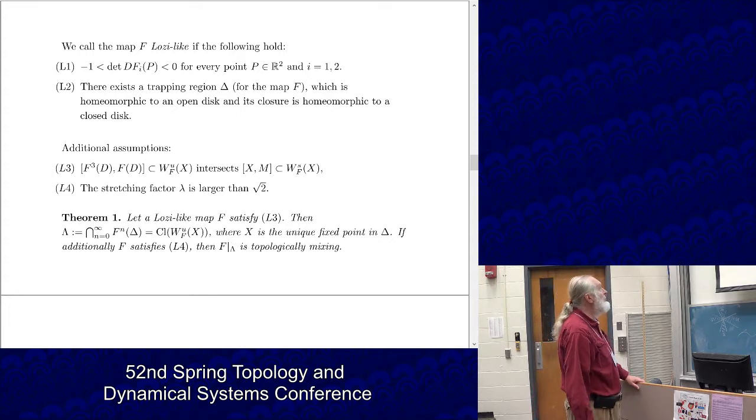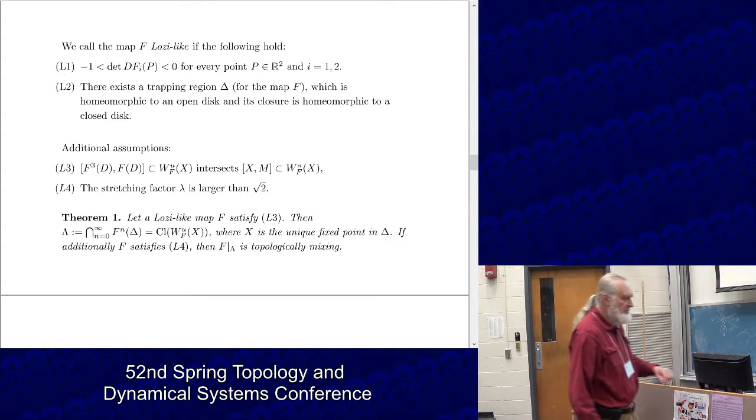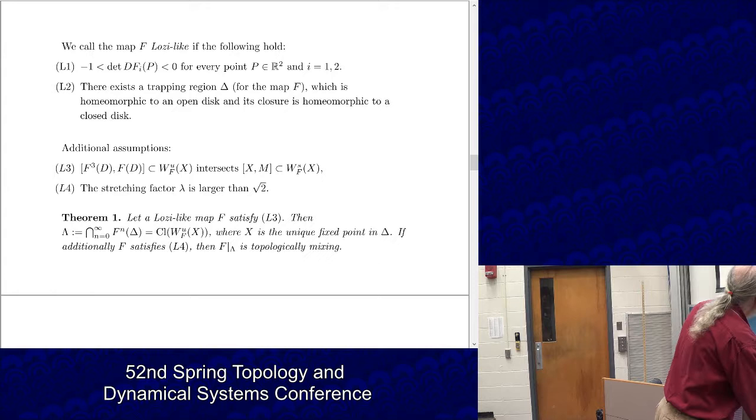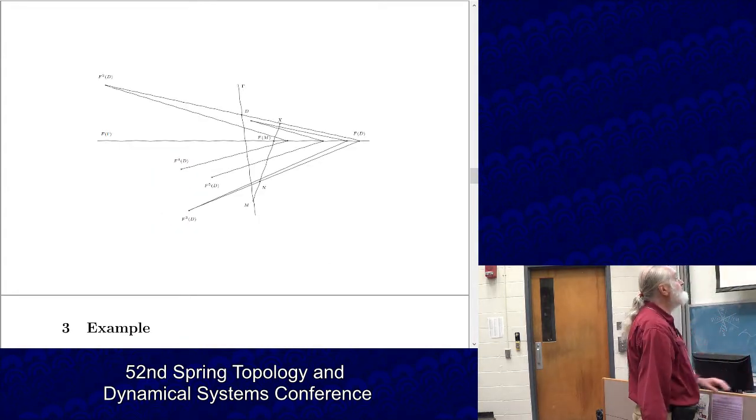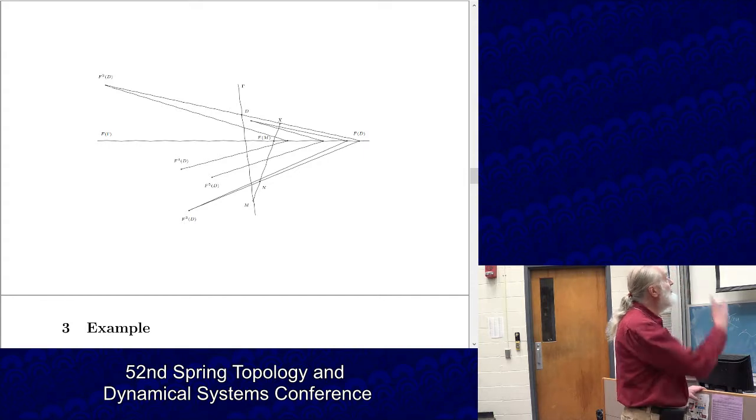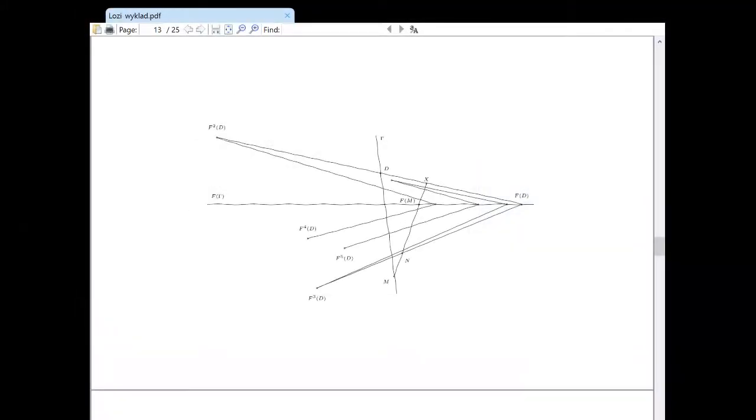Okay, so what does theorem 1 say? Maybe I will go to the next slide to show what those things mean. So you have this picture. Gamma, this vertical line, is the divider.